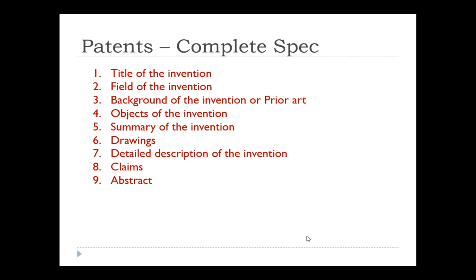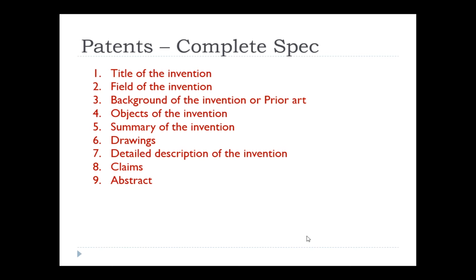Now we are moving to the next topic, that is objects of the invention. Here you need to clearly mention the objectives of your own invention, how this objective works, and please be clear and more specific when you write the objectives of your own invention.